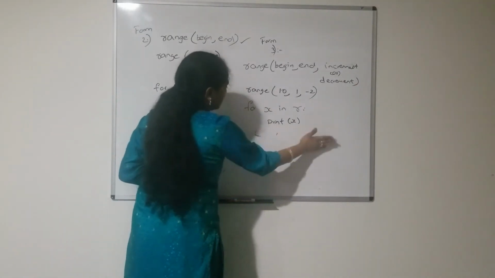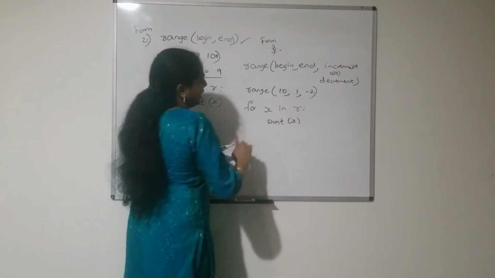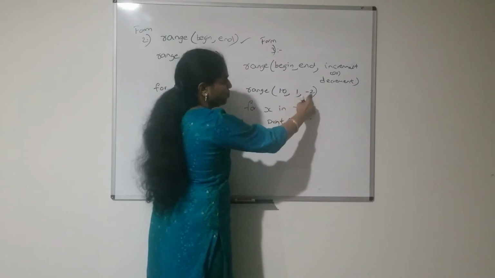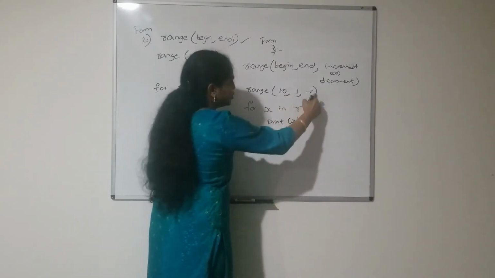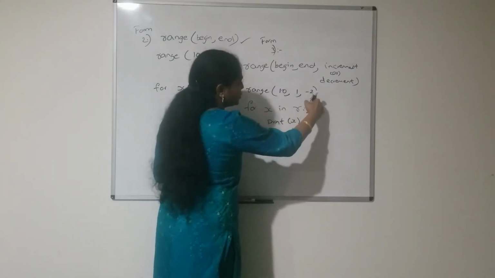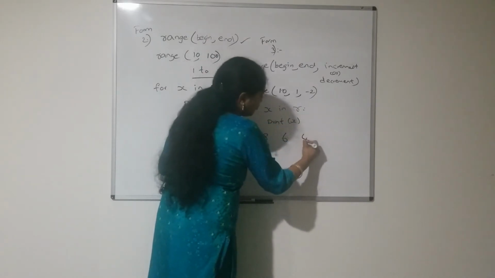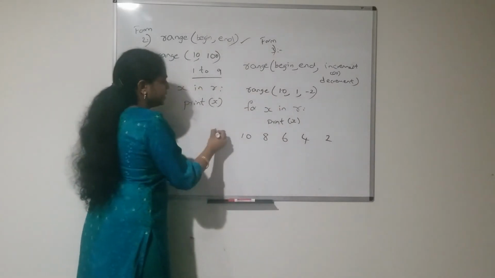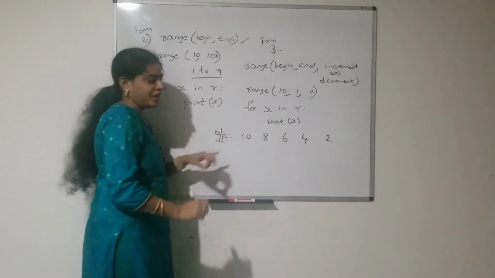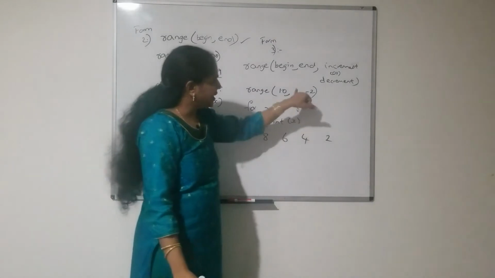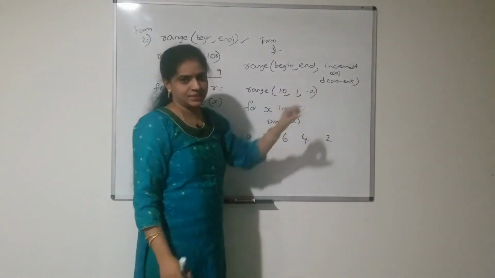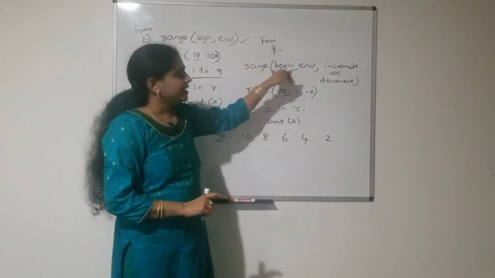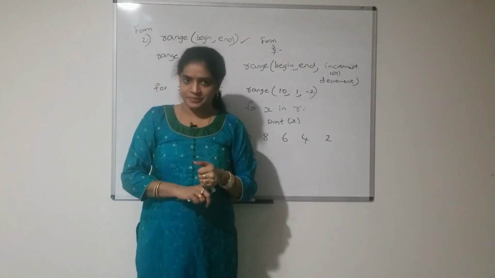It has to start from 10, minus 2 is 8, 8 minus 2 is 6, 6 minus 2 is 4, 4 minus 2 is 2. So this is my desired output. If you give a decrement operator, you have to give minus before the number. So this is the third form of creating a range object.